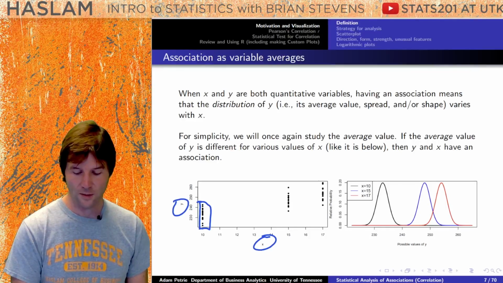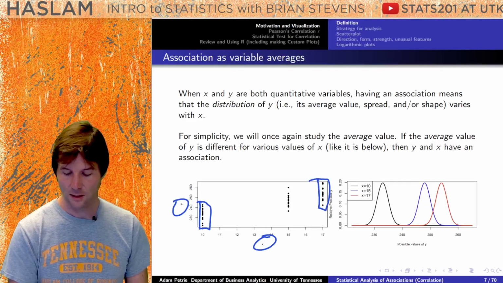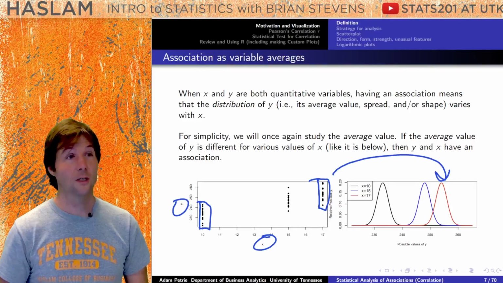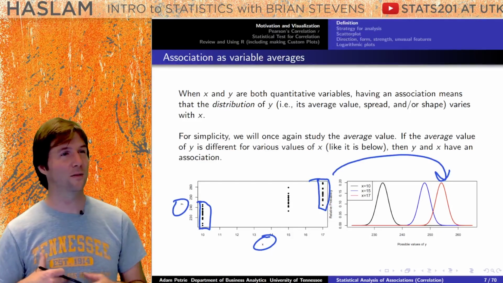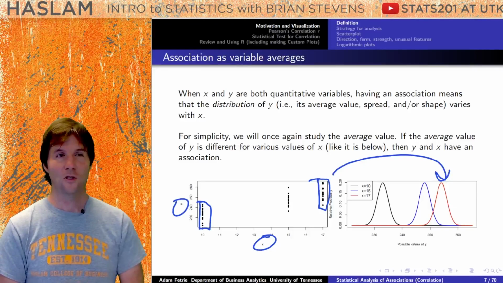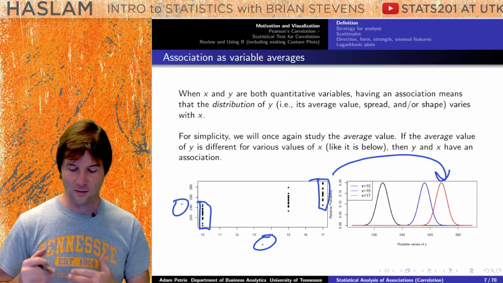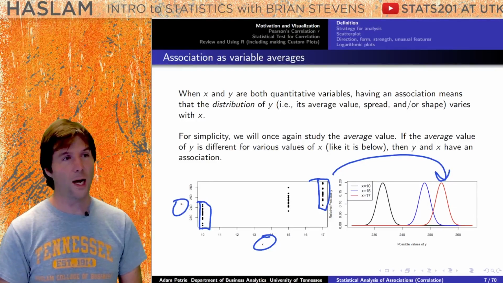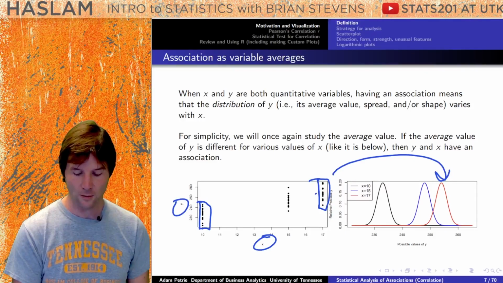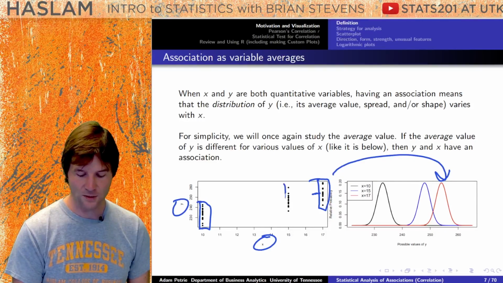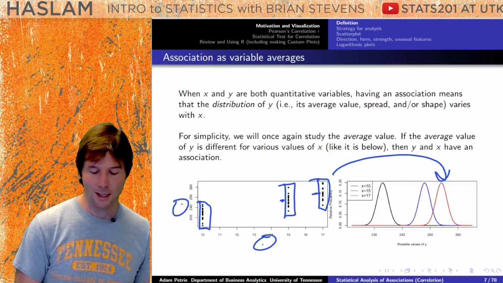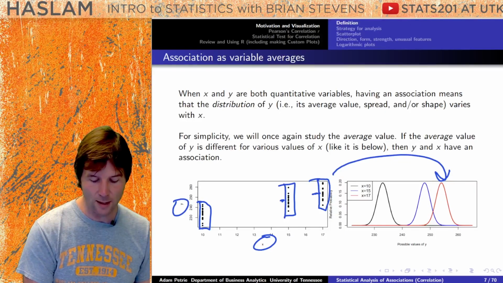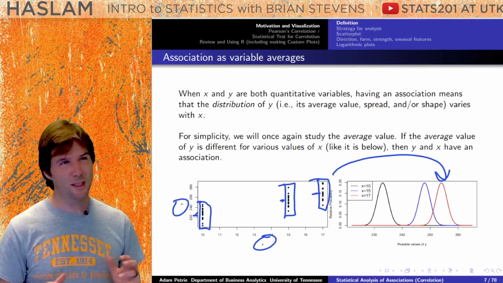So at the higher value of X, 17, the distribution over here shows that there is a higher kind of mean to the values. So typically, at X17, the values of Y are typically higher, right about there. At X15, the values of Y are typically moderate. And at X10, the values of Y over here on the scale are typically a little bit lower.